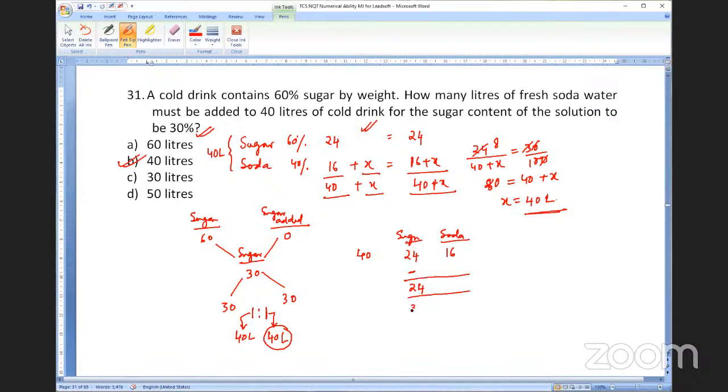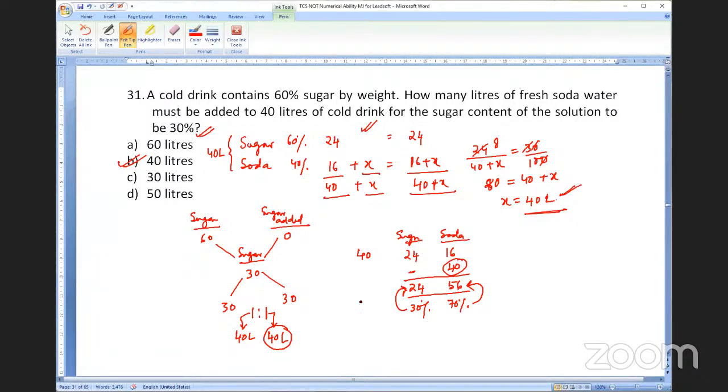Now this 24 is 30% of the new solution. So if 30% of the new solution is 24, then how much is 70%? If 30% means 24, that means it goes 8 times. 7 into 8 is 56. So soda in the new solution should be 56 liters, isn't it? 70% is 56. Now 56 minus 16 is how much? 40.